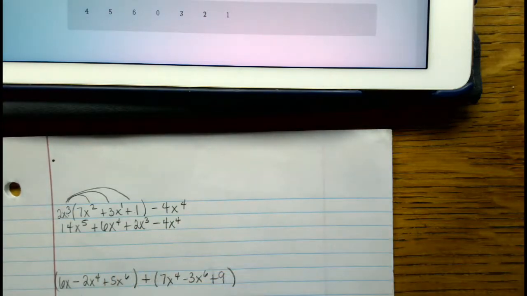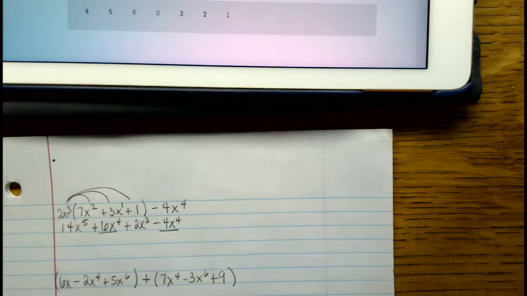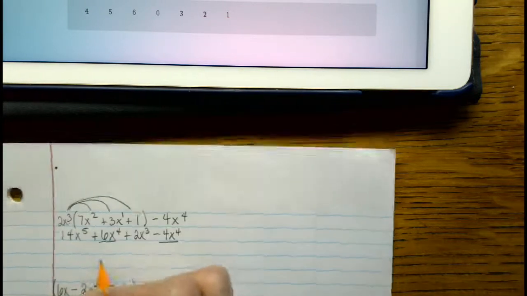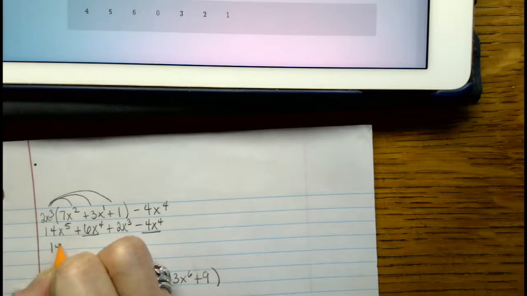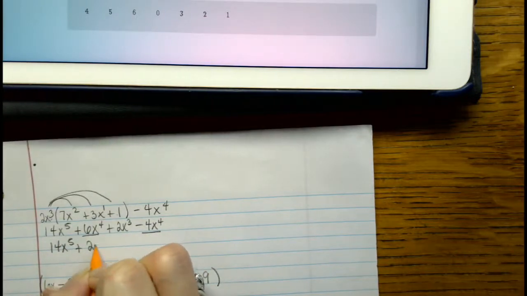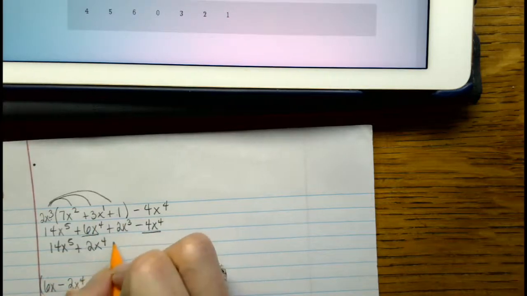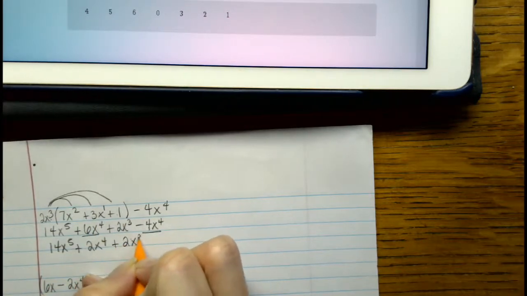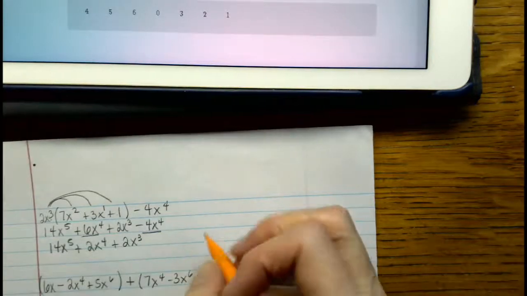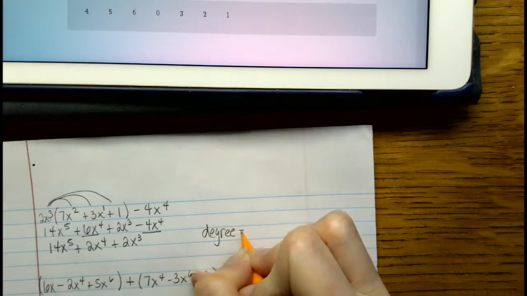What we're looking for is the degree of this polynomial and how many terms we have. Well, one more part here that I notice is that these two terms here are like terms. And when we finish this problem, we end up with 14x to the 5th plus 2x to the 4th, because 6 minus 4 is 2, plus 2x cubed, which means that our degree equals 5.